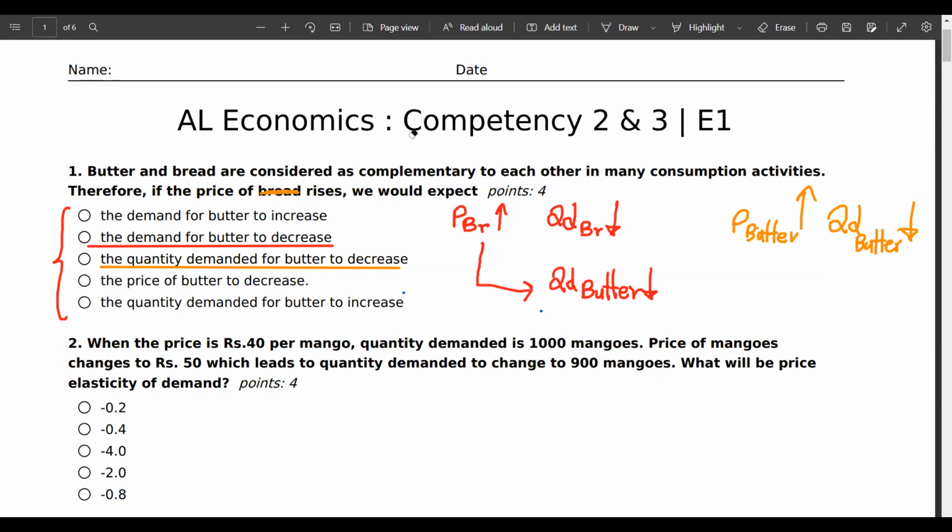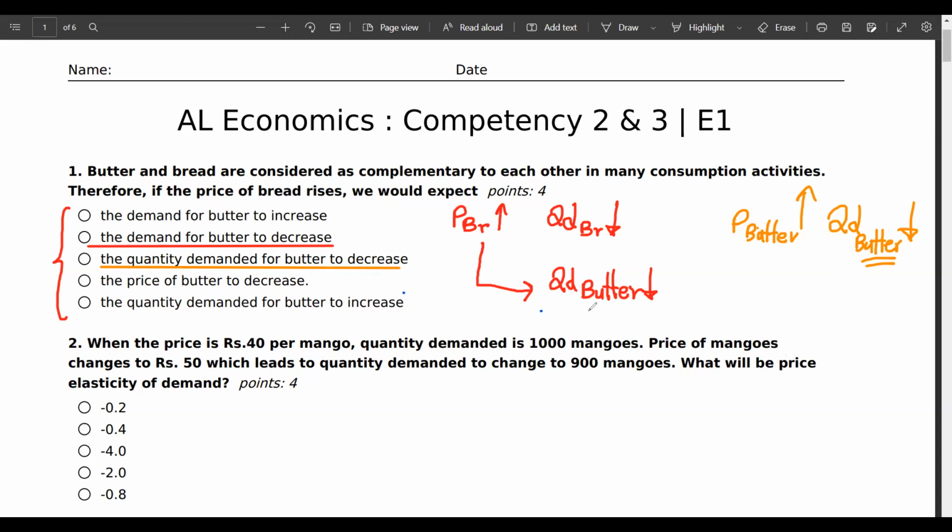But here, what did they say? Price of bread has increased. That means from the point of butter's demand, price of bread is a related product's price, a complementary product's price. So when anything other than the price of butter is changing and that's causing a change in the amount of butter that is bought, we would call it a change in demand.